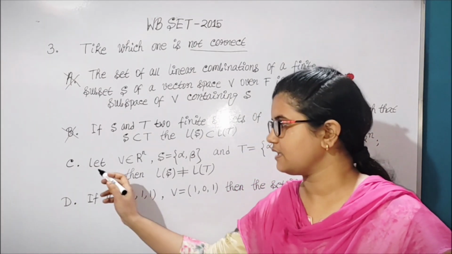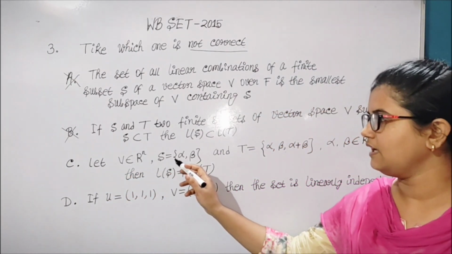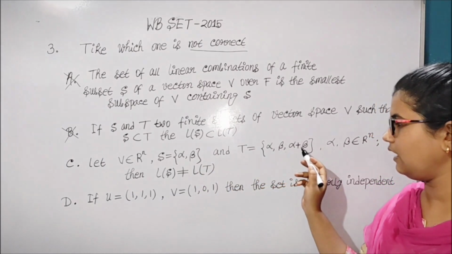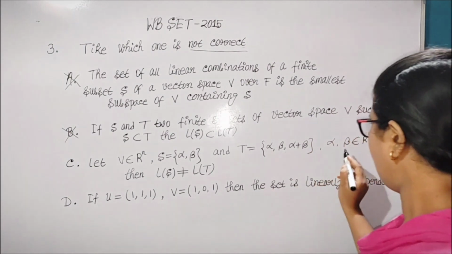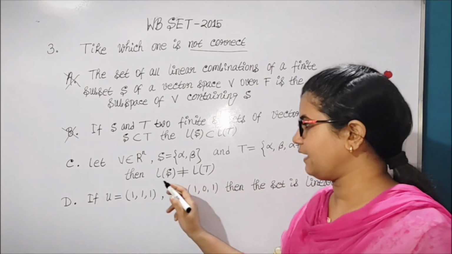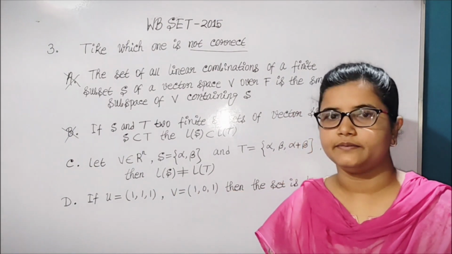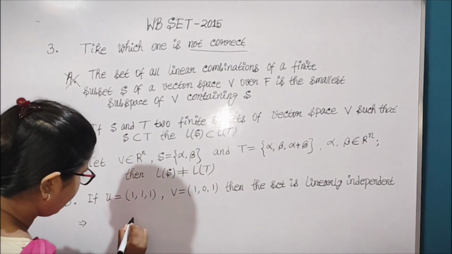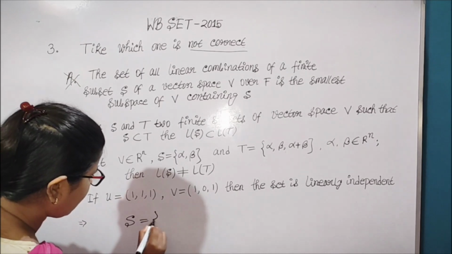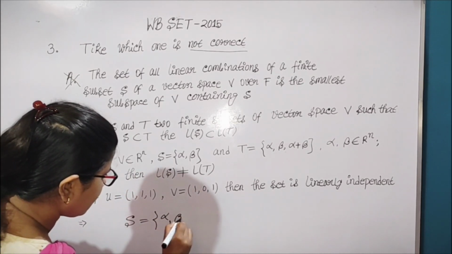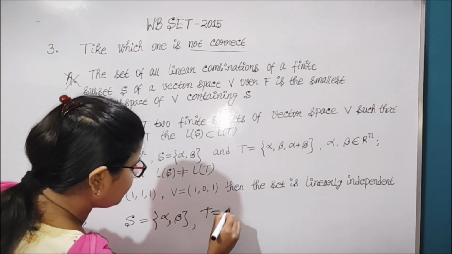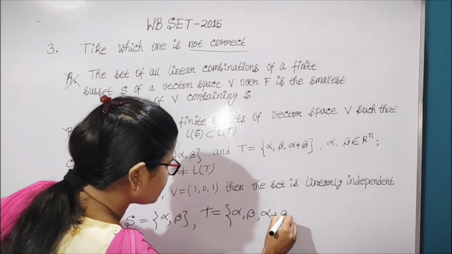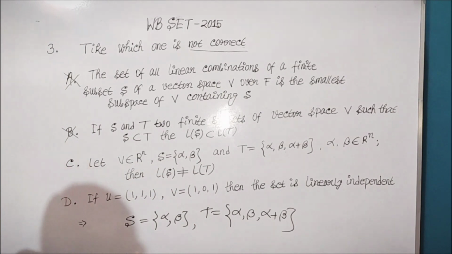Now see option C. Let alpha, beta belong to R^n, S equal to {alpha, beta} and T equal to {alpha, beta, alpha plus beta}. Then L(S) is not equal to L(T). We see here S equal to {alpha, beta} and T equal to {alpha, beta, alpha plus beta}.